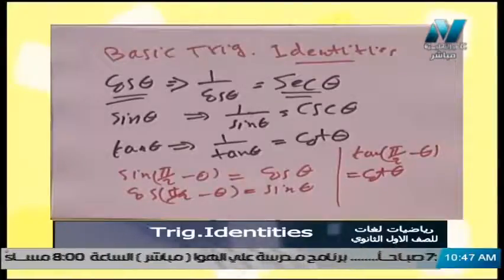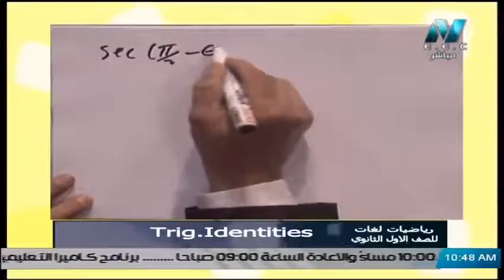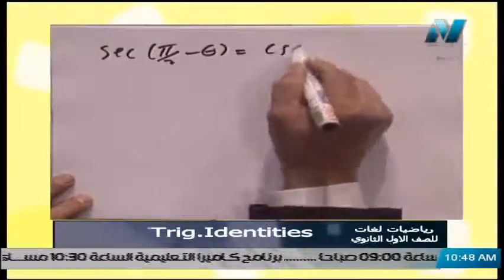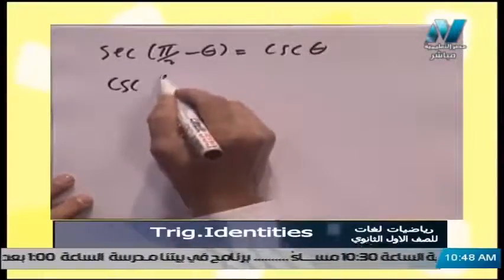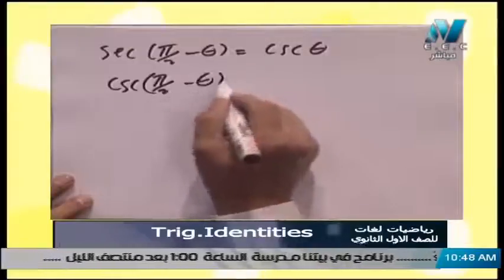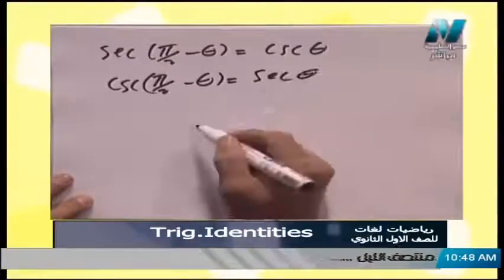We have other identities: sec of pi over 2 minus theta equals cosec theta. Cosec of pi over 2 minus theta equals sec theta.